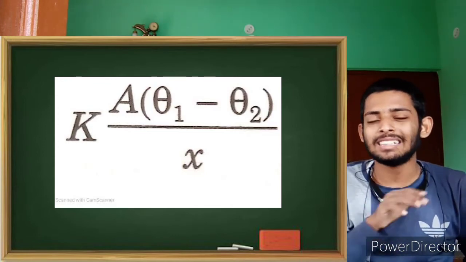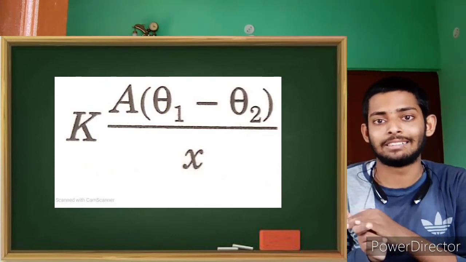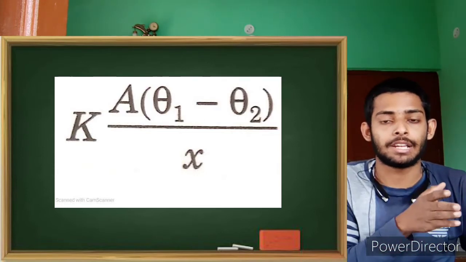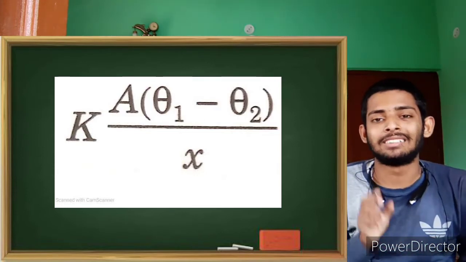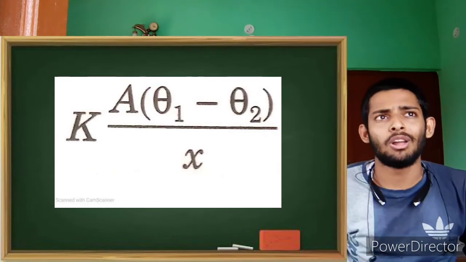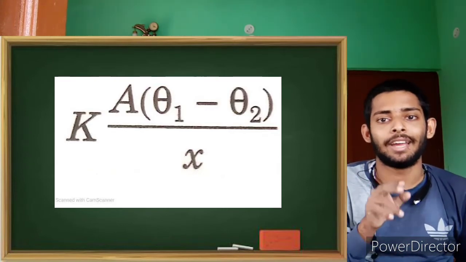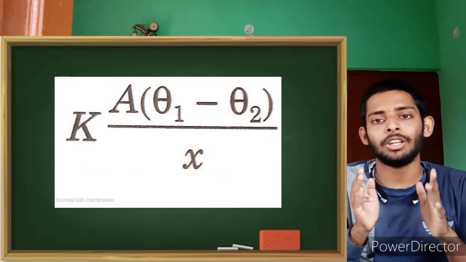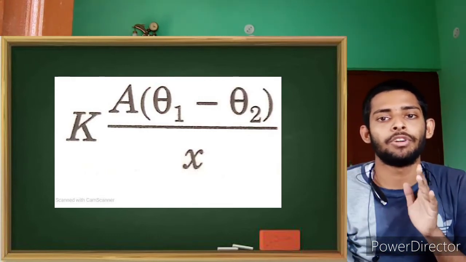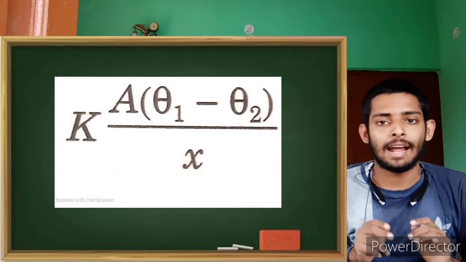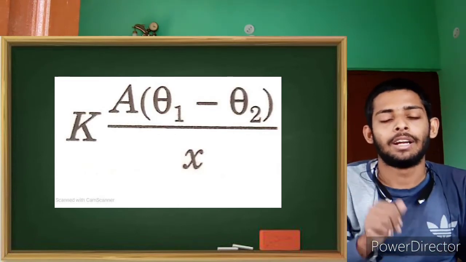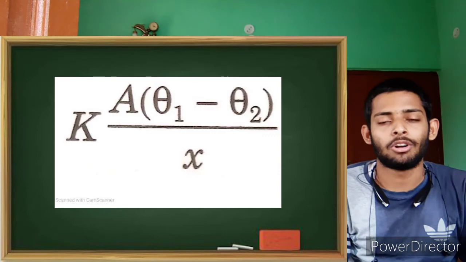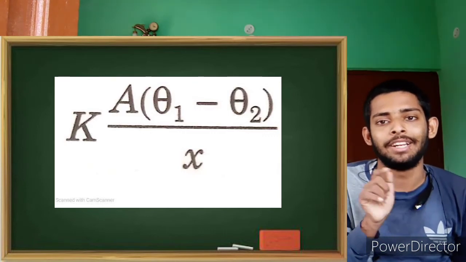In a similar way, heat current is heat moving inside the rod, and it is measured by K times the difference of temperature between the two ends of the rod divided by the length of the rod. So we write this formula as K dT by dx.